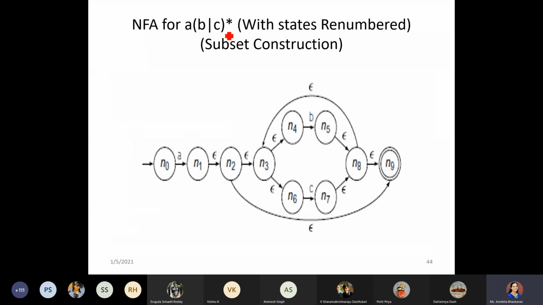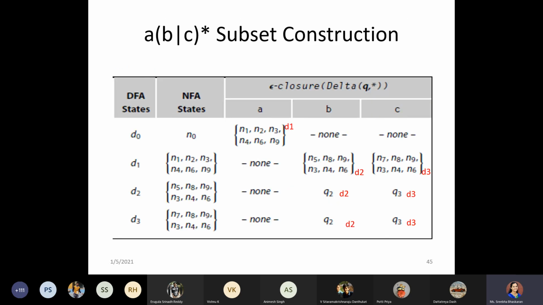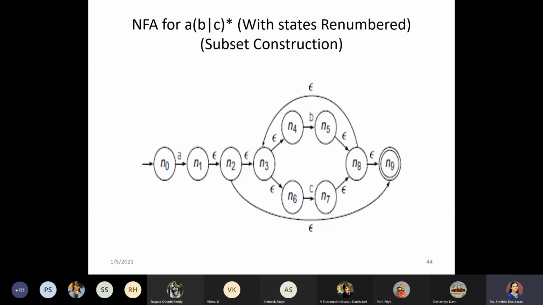It would be done as the epsilon closure of N naught with respect to A. So it would be N1, N2, N3, N4, N6, and from here N9.